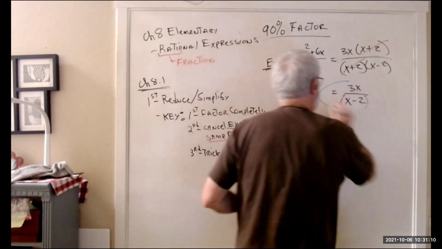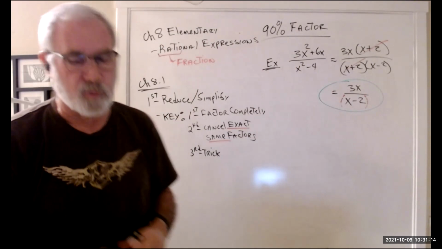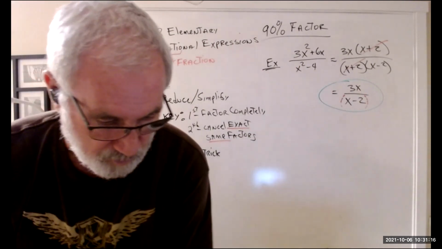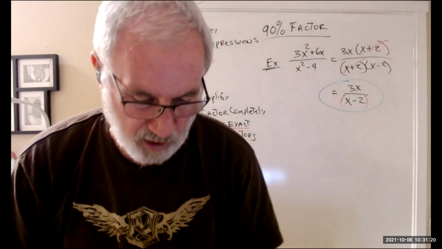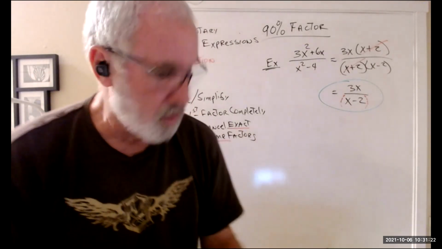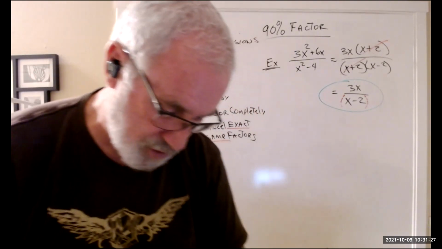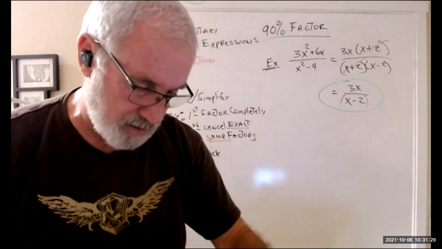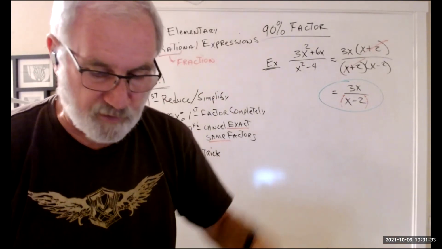This is the simplified version of that problem. Again, the key was I need to factor first. If you don't factor first, everything else becomes a waste of time. You must factor first.